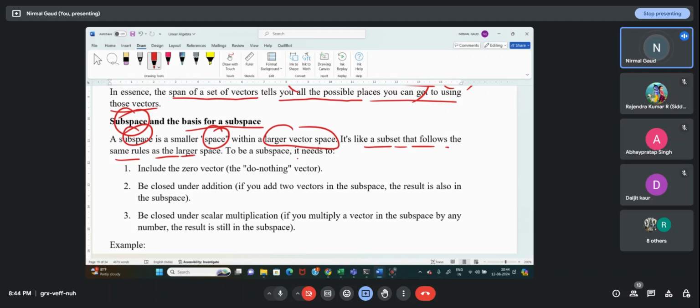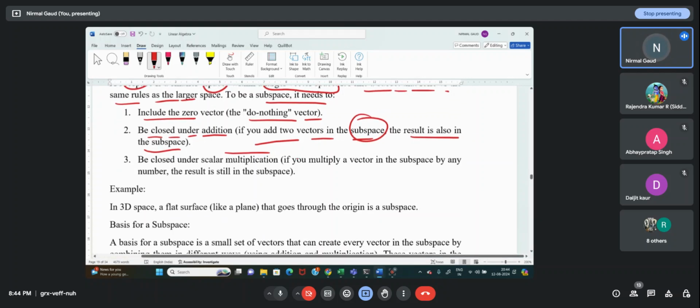To be a subspace, it needs to include the zero vector. Be closed under addition, that means if you add two vectors in a subspace, the result is also in the subspace. Be closed under multiplication also, that means if you multiply a vector in a subspace by any number, it is still in the subspace.